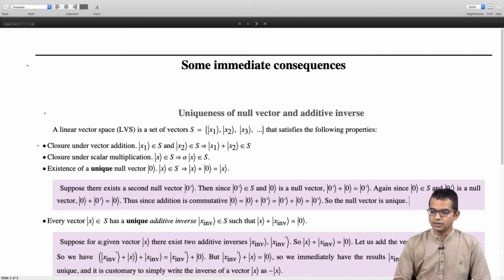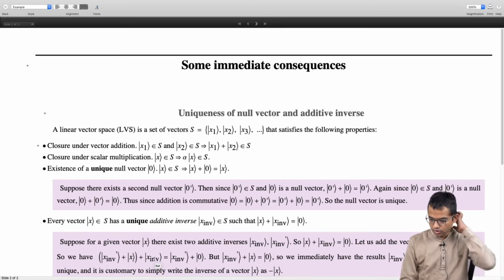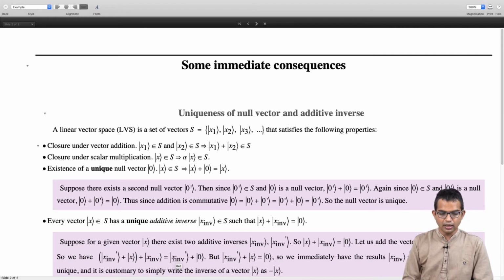Let us add this x inverse prime to both sides. I'm going to add from the left side. It doesn't matter because the addition is commutative, but let's say I add from the left side, and then I will use associativity of addition. So I have x inverse prime plus x plus x inverse is equal to x inverse prime plus 0, because on the right hand side also I have added x inverse prime.